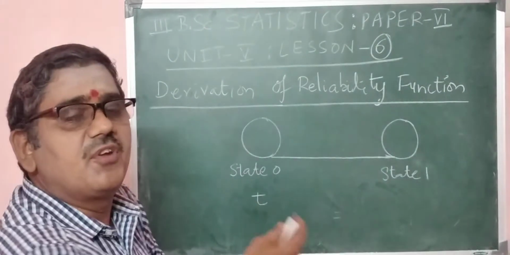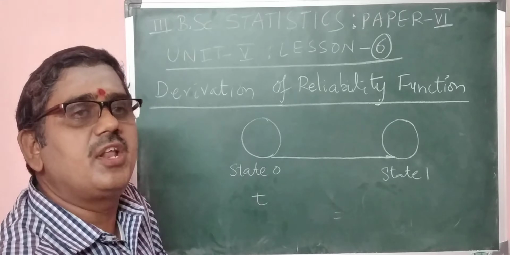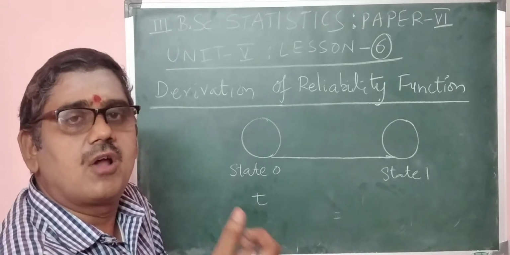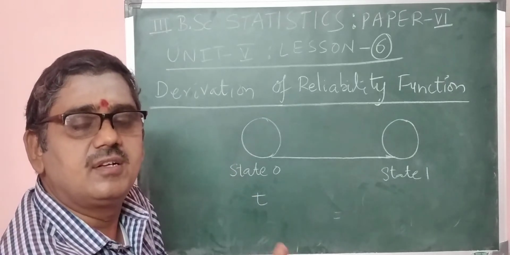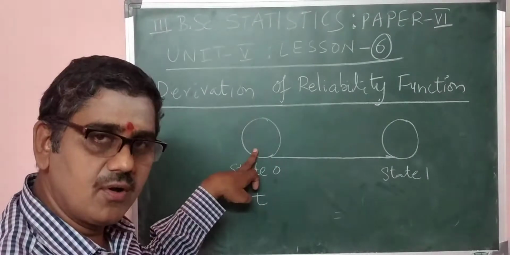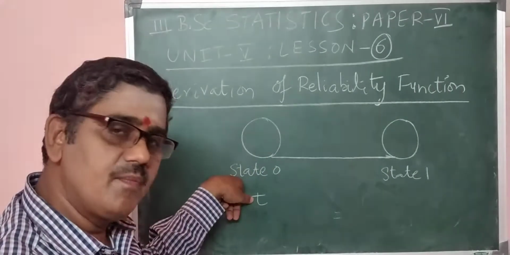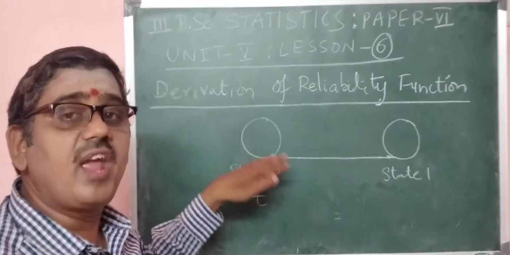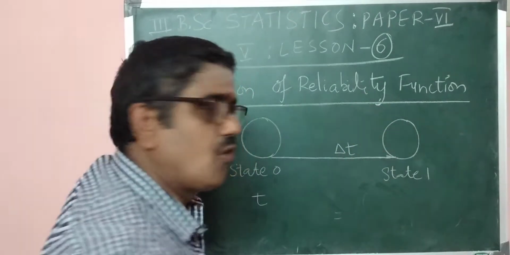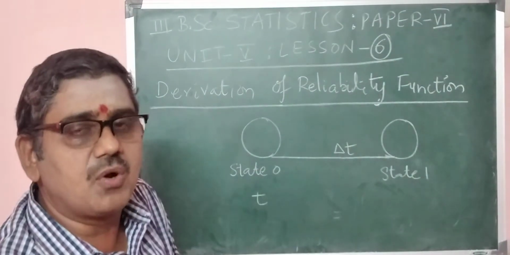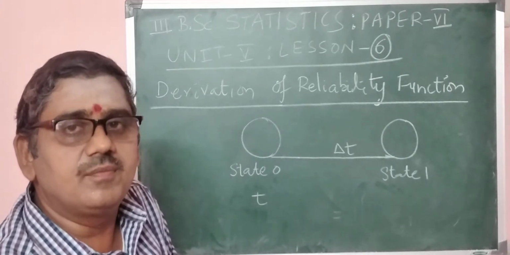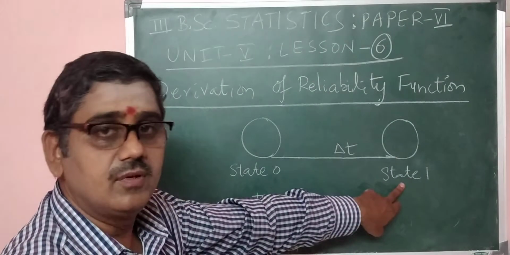So, in terms of probability, a component is safe or survived, it will not fail at the state 0 in the time period t, and it was failed in another time period, let it be delta t, and it reaches state 1.